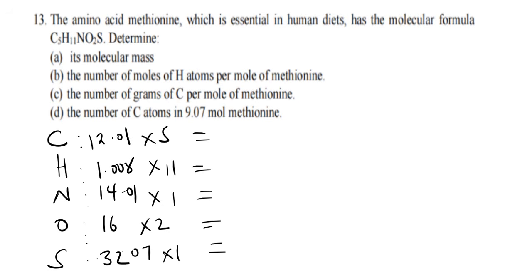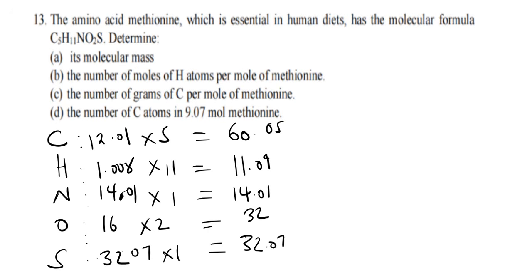So 12.01 multiplied by 5 gives me 60.05. Then 1.008 times 11 is 11.09. Then this will be maintained, it's 14.01. Then 16 multiplied by 2 is 32. 32.07 multiplied by 1 is 32.07.